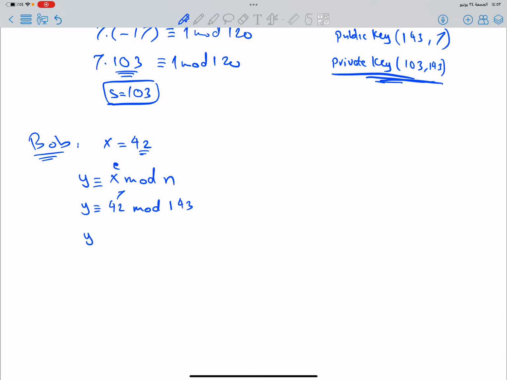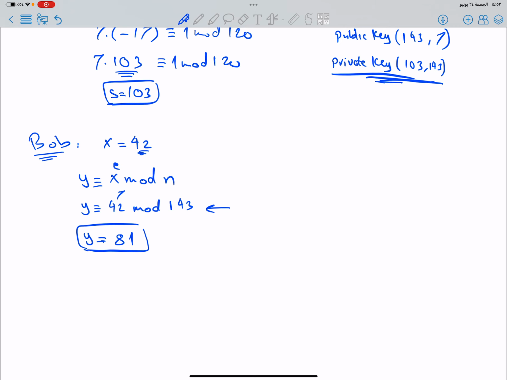Now when we calculate this, it needs a lot of calculations and it takes time, but we can find the result. The result is 81. This is the encrypted message.